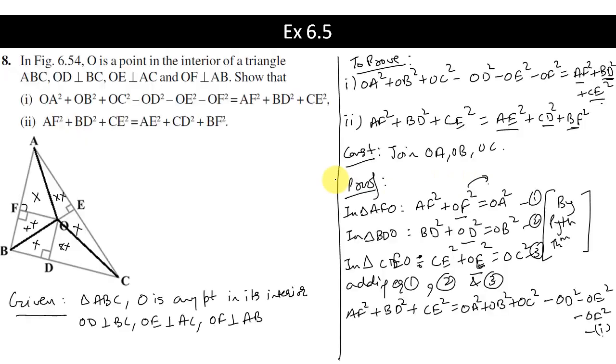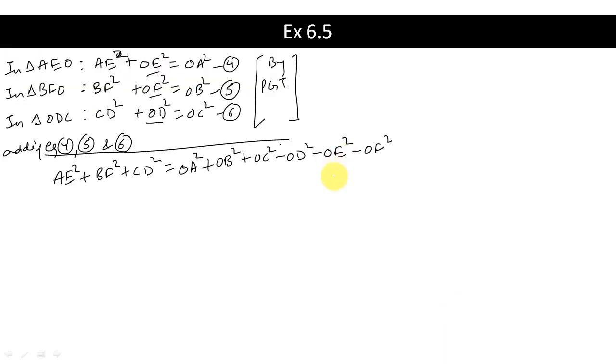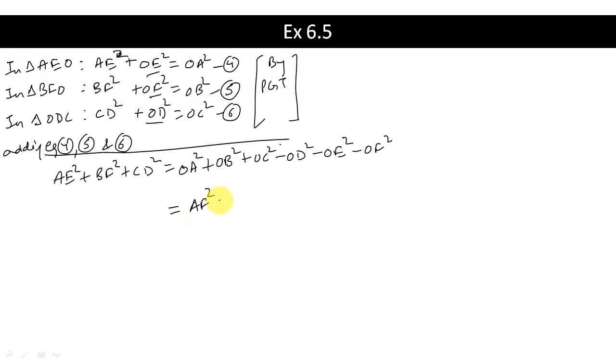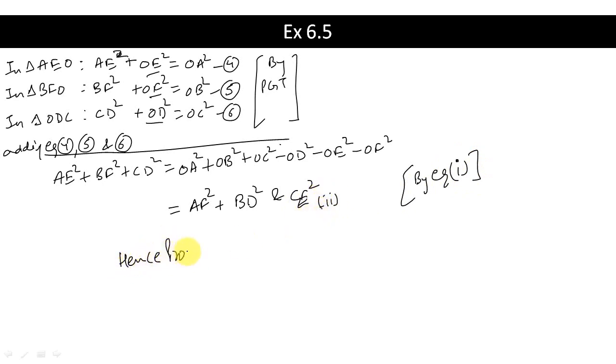Since from equation number 1, OA square, OB square, OC square minus OD square minus OE square minus OF square was equal to AF square plus BD square plus CE square, in place of this right hand side, I can write AF square, BD square and CE square. This is by equation number 1. And this is our second part. Okay. Hence proved.